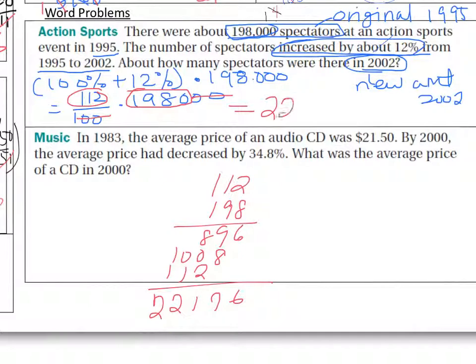So it's 22176, and we need to add another 0, spectators in 2002.